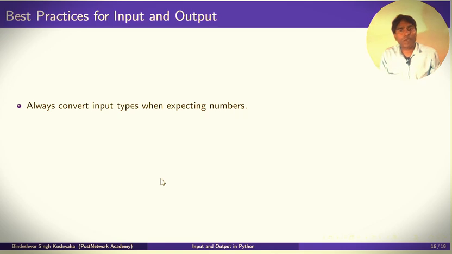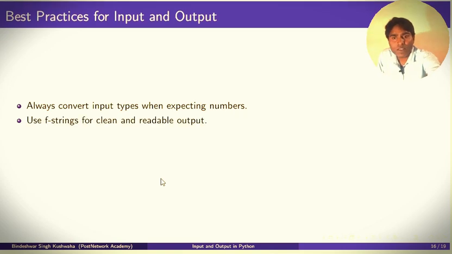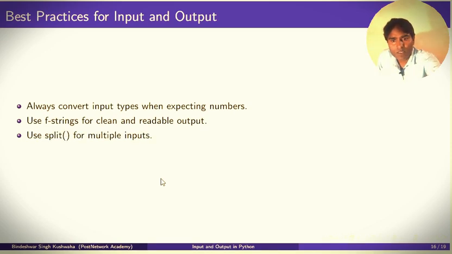Now these are the best practices for input and output you should consider. Always convert input types when expecting numbers, like you have to use the integer function. Use f-strings for clean and readable output. Suppose there is a big string, and in between you want to enter name and age, you should use f-strings. For multiple inputs, you should use the split function, that means input and dot split.